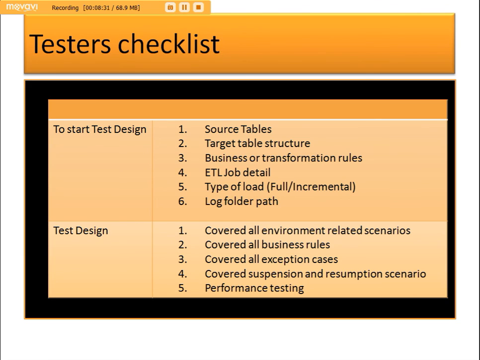As part of test design, make sure everything is covered: all environment-related scenarios like table structure validation, other schema-level validations and constraints; all business rules; all exception cases like duplicate data, invalid data and job failure cases; suspension and resumption scenarios; and performance testing. That's all.